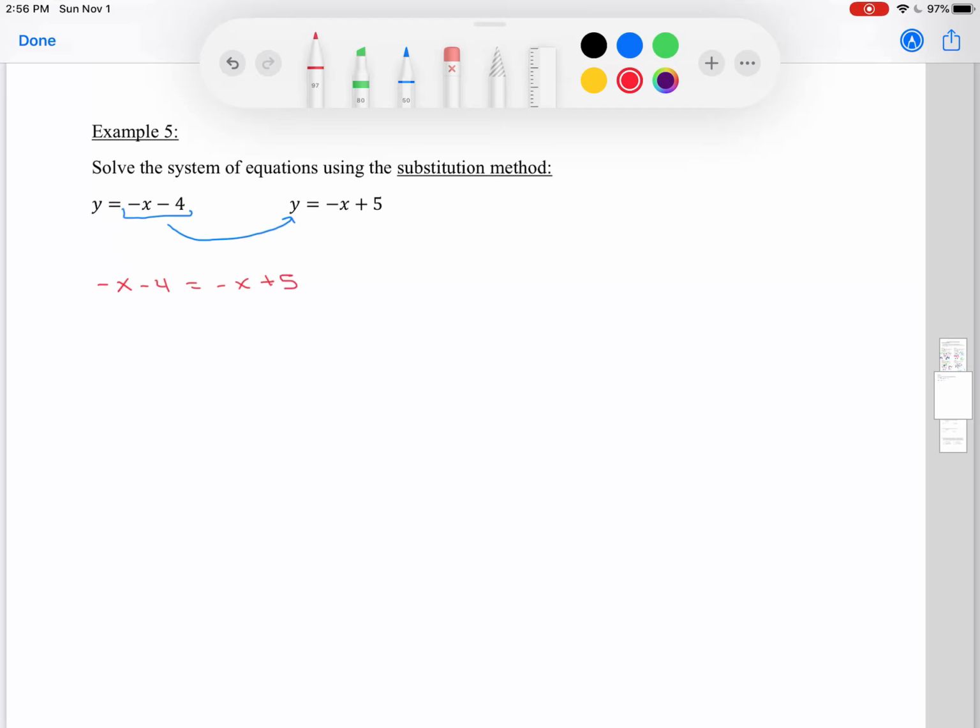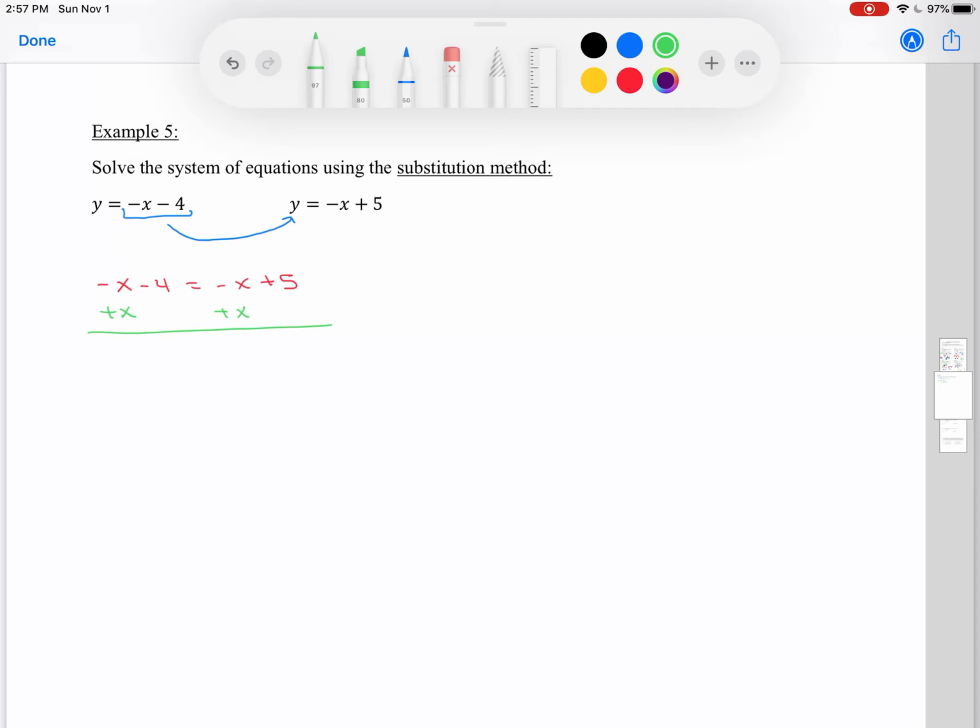It just so happens that y is already by itself on the left-hand side, but we're going to continue the same process. So we're going to get negative x minus 4 equals negative x plus 5. Our y's have disappeared because, again, we substituted. We replaced them. And now we solve for x.